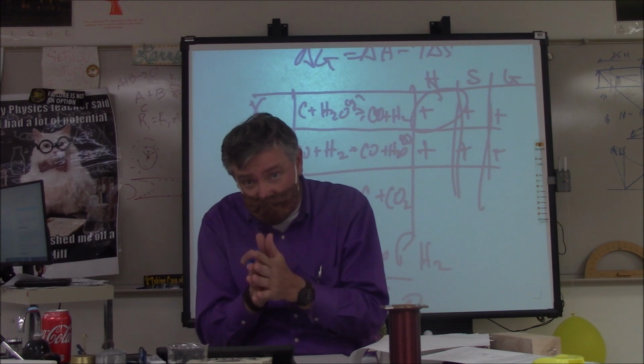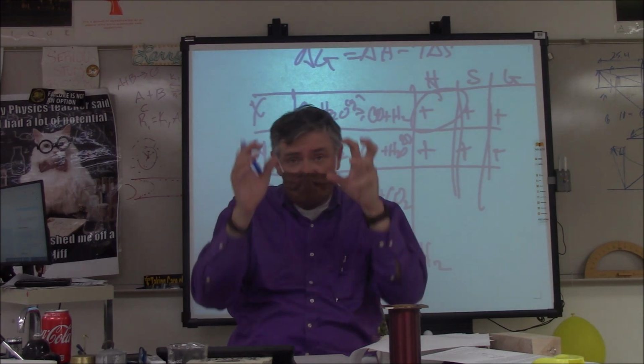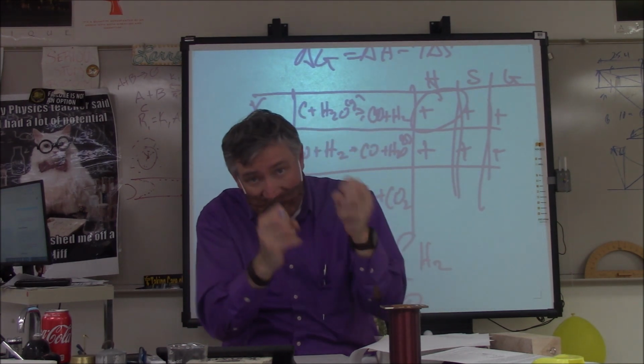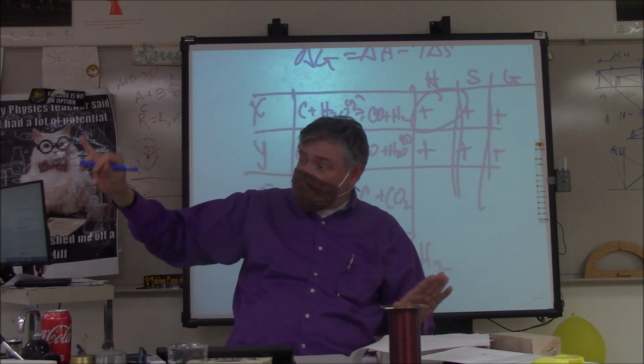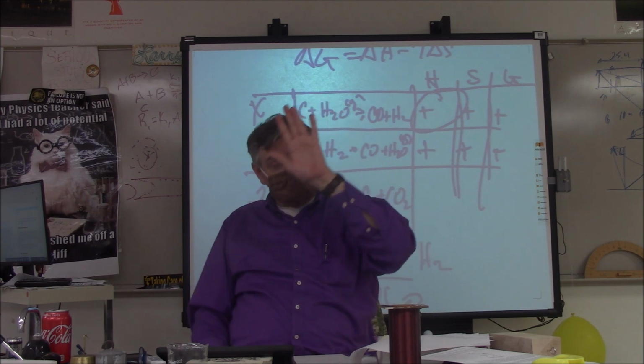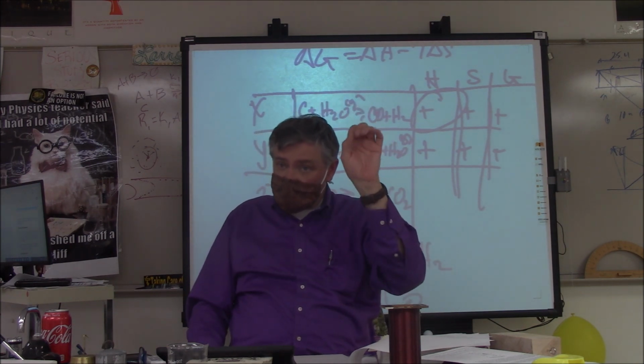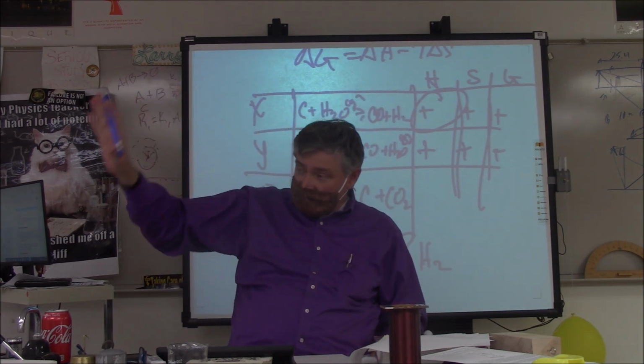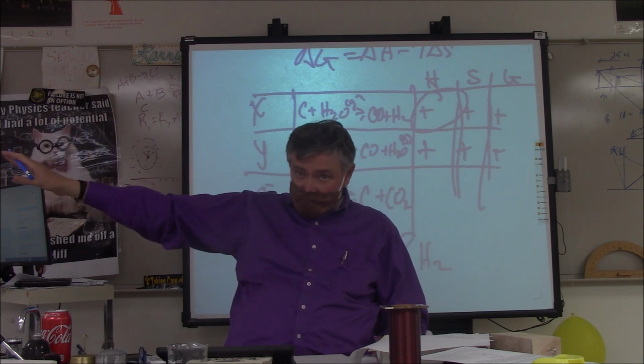What that means is that energy is showing up as a reactant. If it's exothermic, energy shows up as a product. So that's something to remember. If it's an endothermic reaction, heat is a reactant. If it's an exothermic reaction, heat is a product.